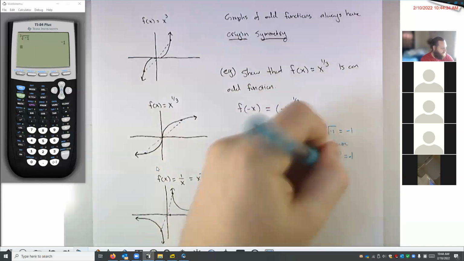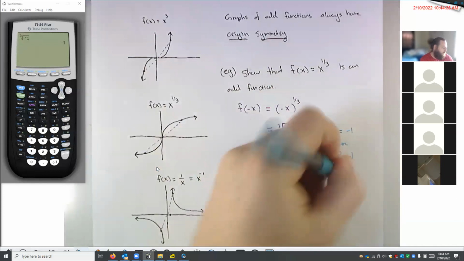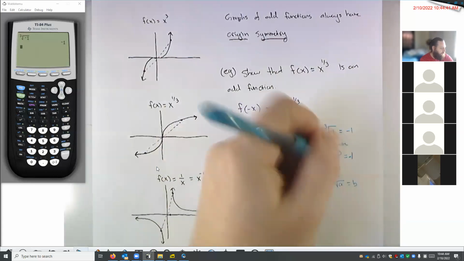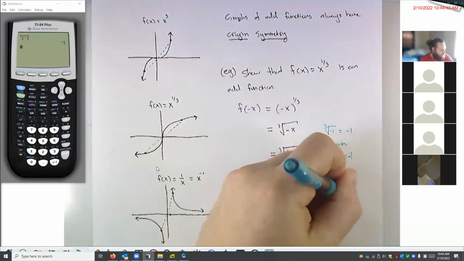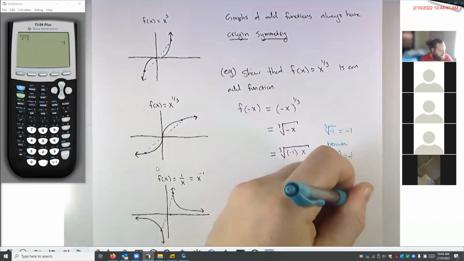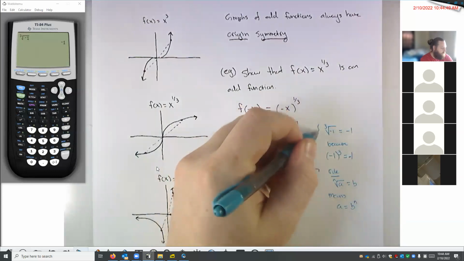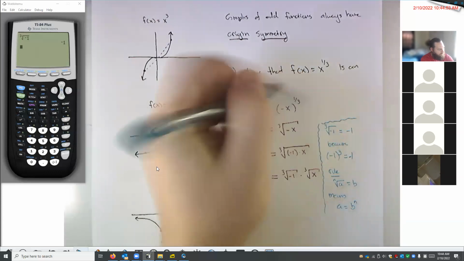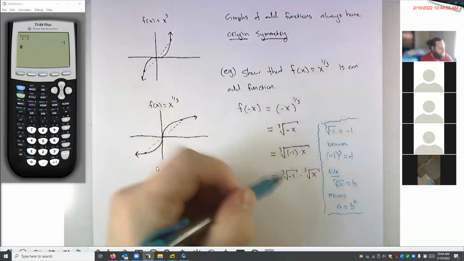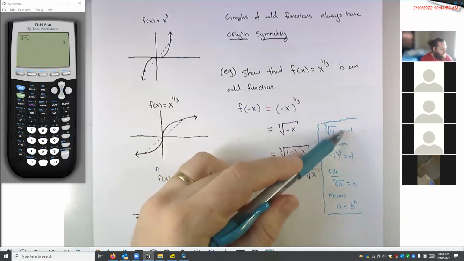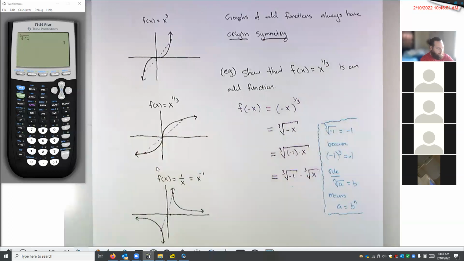And the general rule there is that the nth root of a is equal to b means that a is equal to b to the n. That's the definition of a root. So the cube root of -1, this piece right here, is going to be -1, because if you cube -1, you do get -1 back.